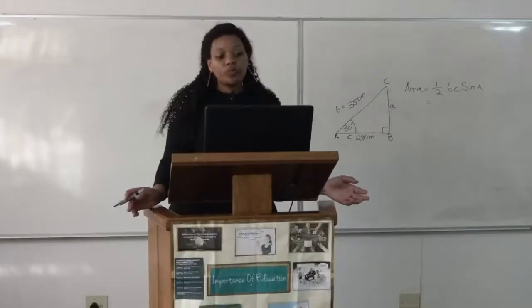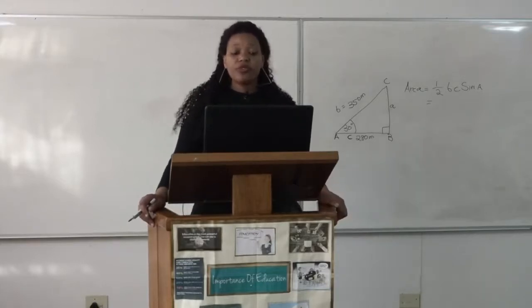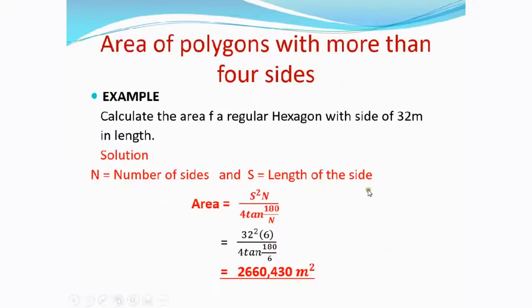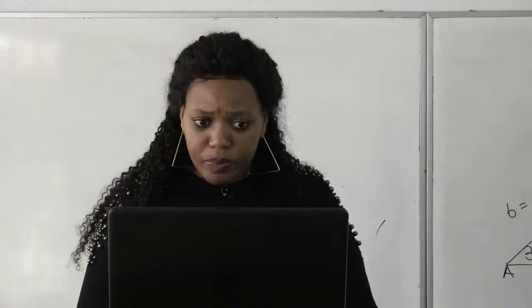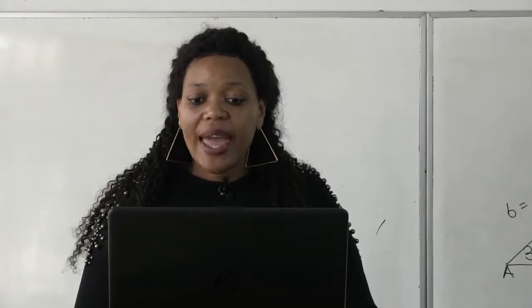Let us go to areas of polygons with more than 4 sides, which can include pentagon, octagon, and hexagon, etc. Let us look at the example here. Calculate the area of the regular hexagon with the side of 32 meters in length. We were told that we are required to calculate the regular hexagon.